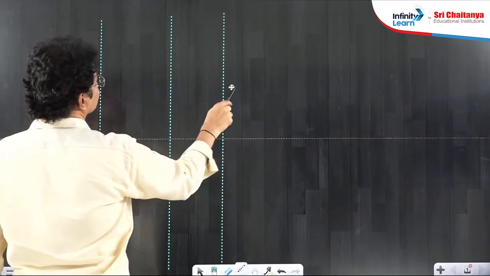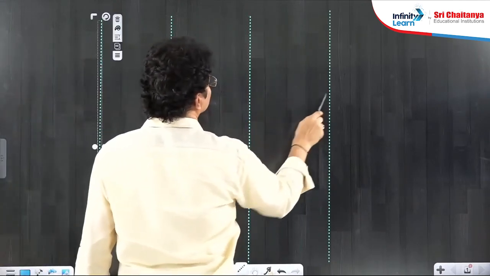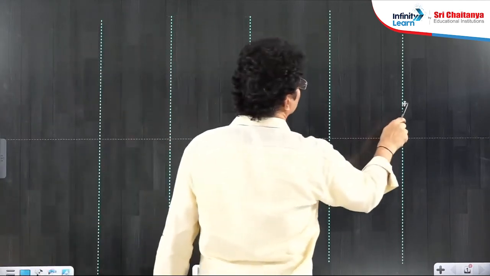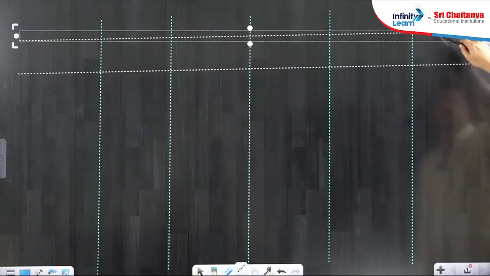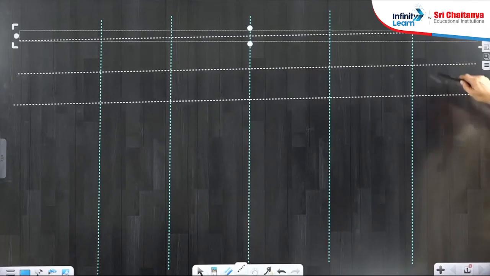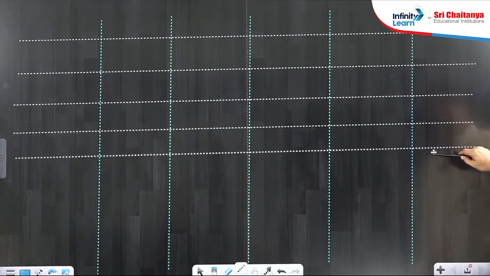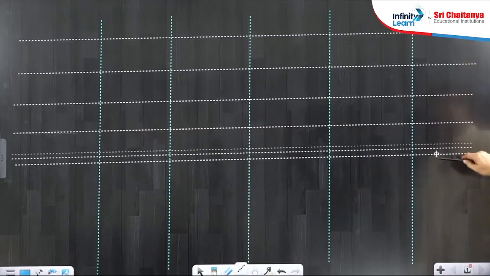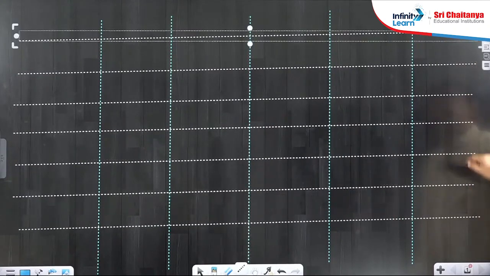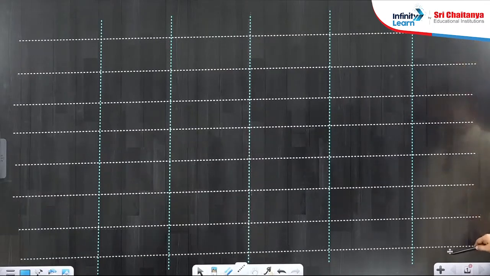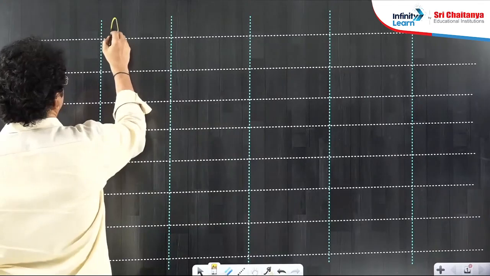First column, second column, third, fourth and last column. Second row, third row, fourth row, fifth, sixth, seventh, 8 rows. Make it fast.